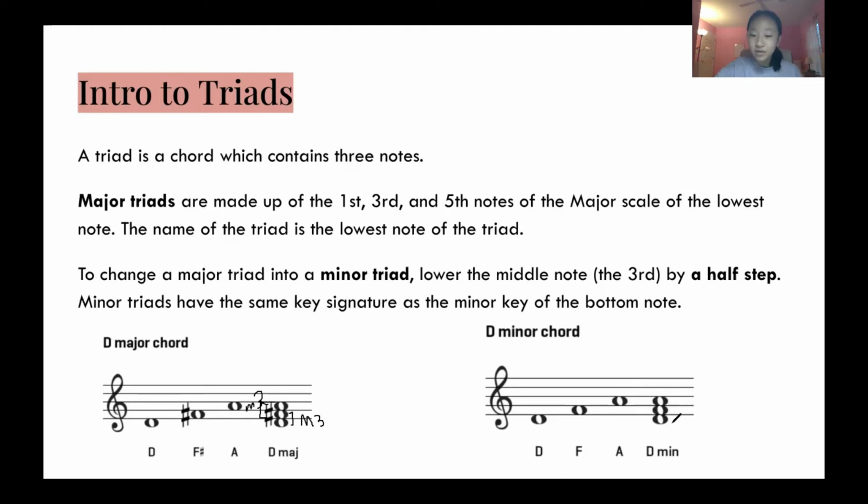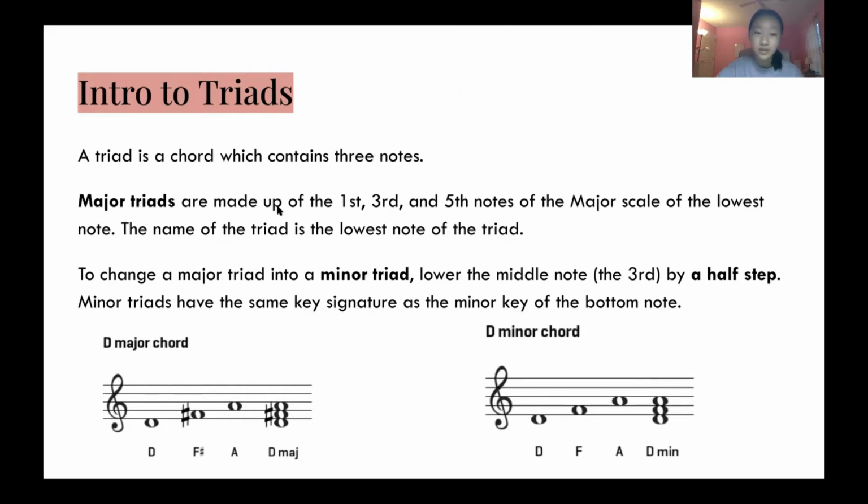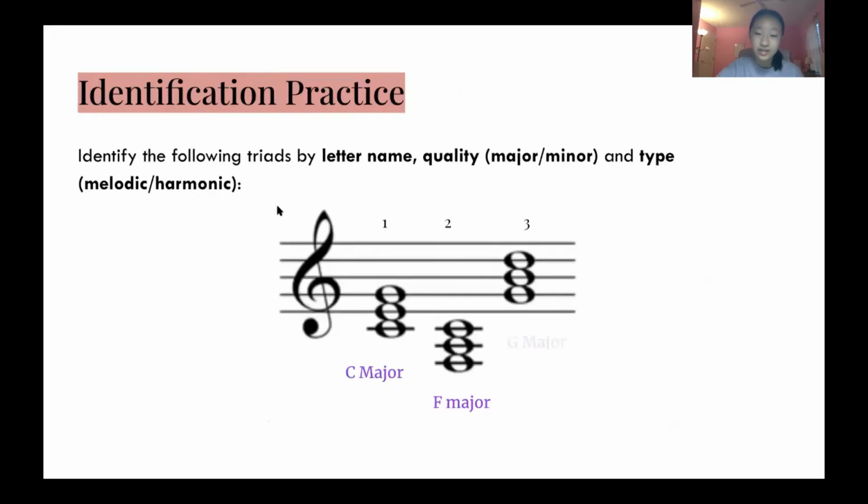For the minor chord, the bottom interval is a minor third and the top interval is a major third. So really, all you have to do is look at the bottom 2 notes and think, what interval are they? If you see that it's a minor third, you know that the key is minor. With that in mind, let's go on to this practice.